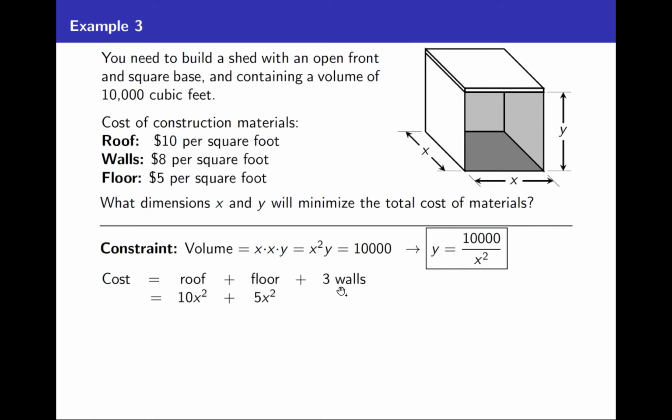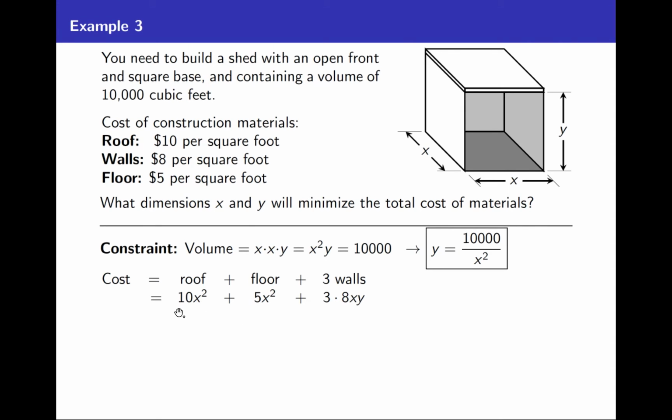So each wall has an area of x times y square feet. And there are 3 of them, so the total area enclosed by those 3 walls is 3 times xy. And remember, the cost per square foot of the walls is $8 per square foot, so the total cost of the walls is 3 times 8xy.